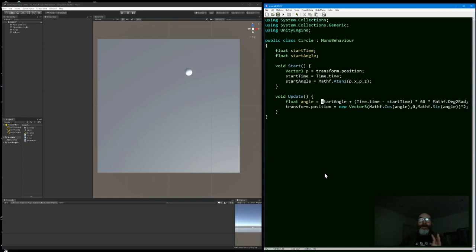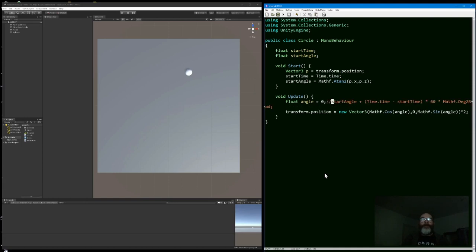Now when I'm debugging, I don't make assumptions. So often I take steps. I'm thinking, well, what's the point of that? That's obvious. Well, you kind of learn that you never say that when you're debugging. So what I'm going to do is force the angle to always be 0.